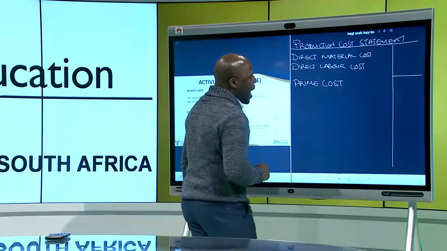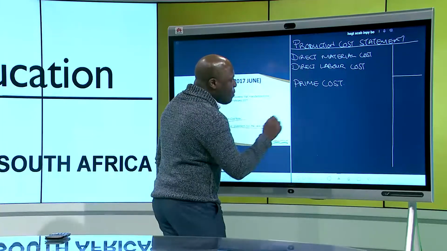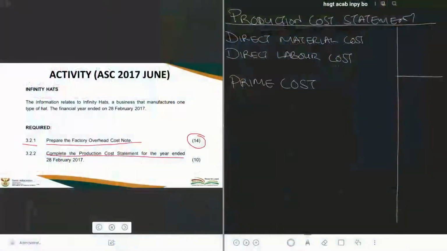And I taught you that when you have prime cost, you must now come and add something. What do you add? You add factory overheads. Correct. Factory overheads. So you're going to bring now your factory overheads here. And here's the two last parts now, which I taught you.